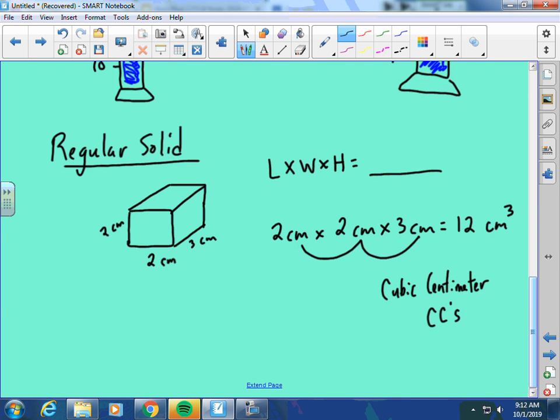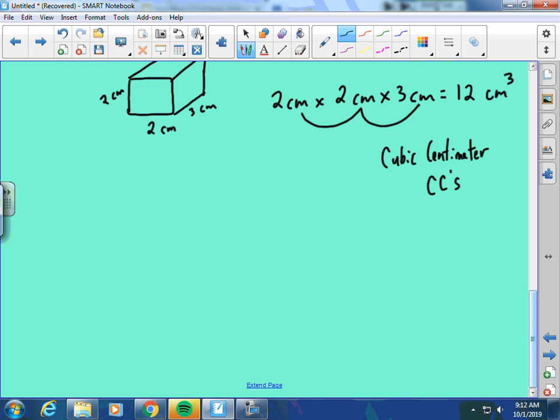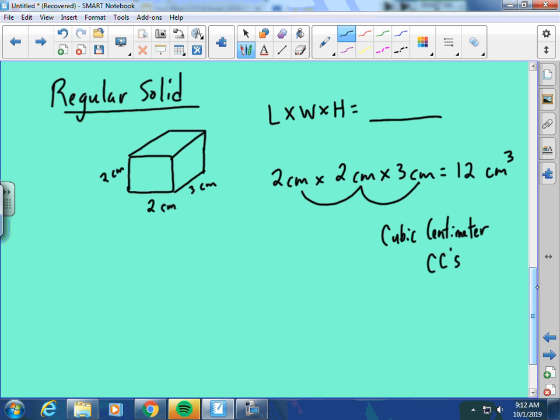So what about an irregular solid? Okay, so an irregular solid, something that doesn't have three nice little easy sides to measure.